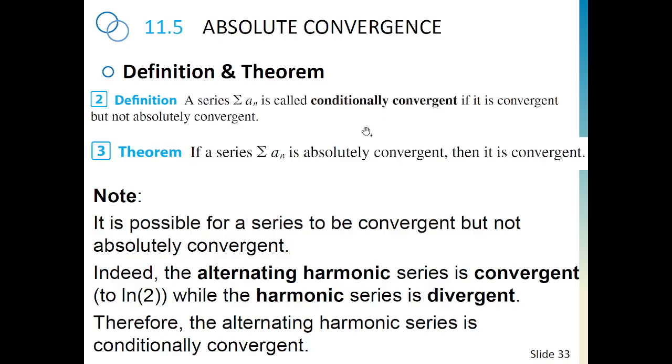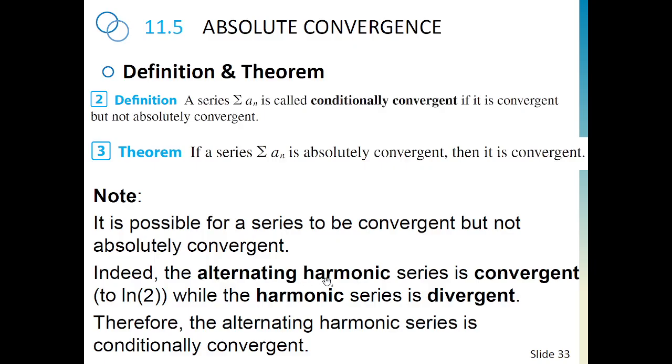Now, since we have this absolute convergence, there is another type of convergence called conditional. That's when the series itself is convergent, but its absolute value version is not. For instance, we know that the harmonic series is divergent, but we showed that the alternating harmonic series satisfies both conditions of alternating series and it's convergent.